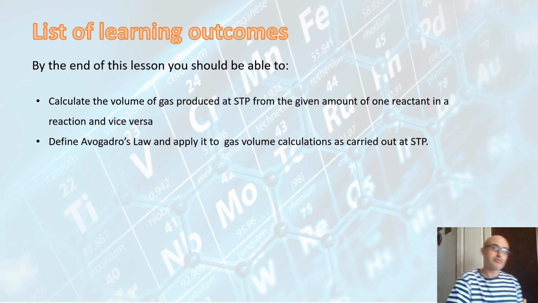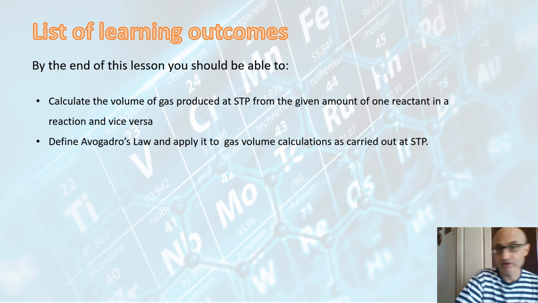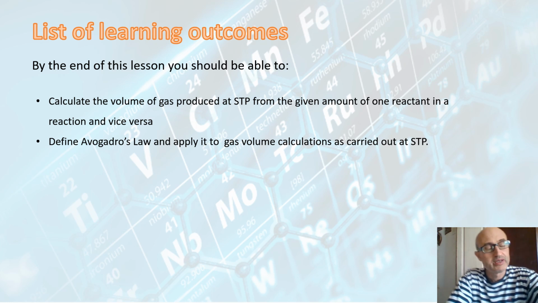We shall first define Avogadro's law. Avogadro was an Italian scientist who in 1811 formulated a hypothesis that will be the basis of this presentation. I shall go into more detail about this in the next slide. However, a word of caution: if you do a web search, you will find it referred to either as a hypothesis or as a principle or as a law.